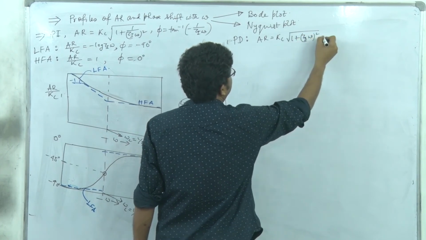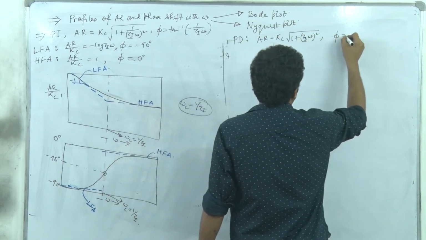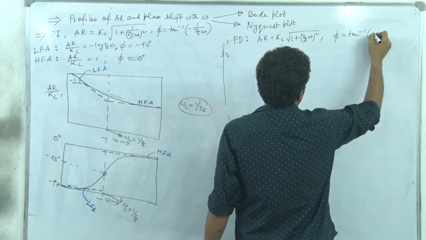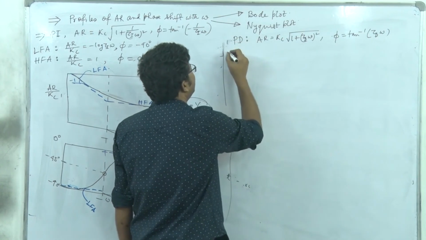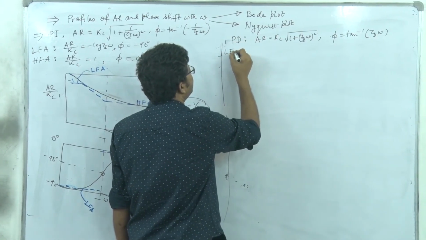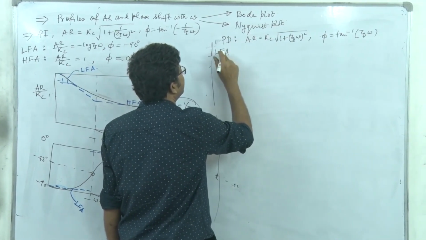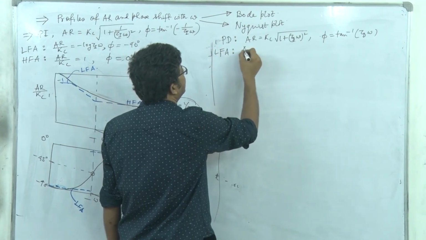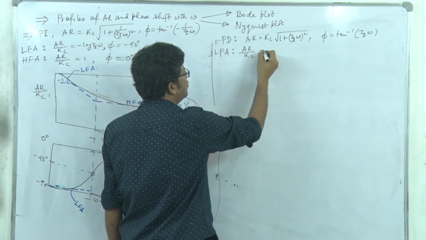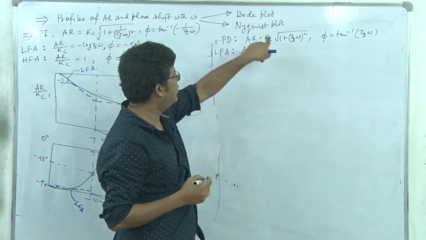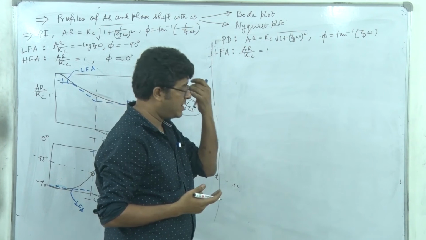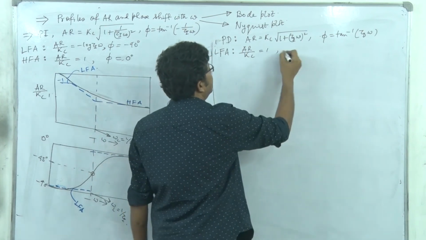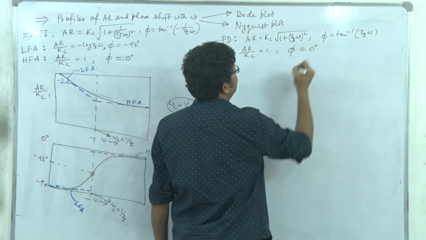And phase shift, it's always now positive, tan inverse tau d omega. So what will be this LFA? That AR by Kc, here it's equal to 1 because omega tending to 0, AR is equal to Kc, and slope in the log space we can prove that it is equal to 0. Right? And phi is equal to 0 with the slope in the semi-log space also equal to 0.